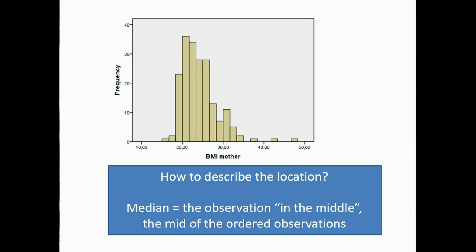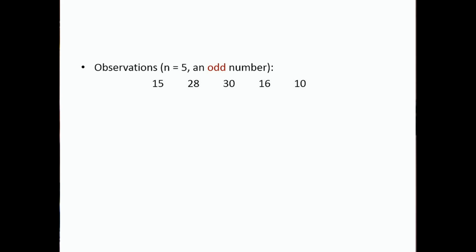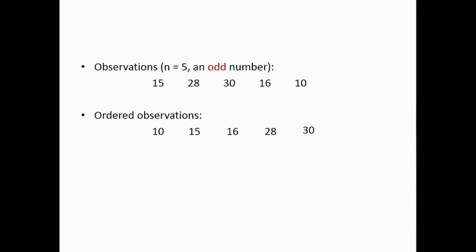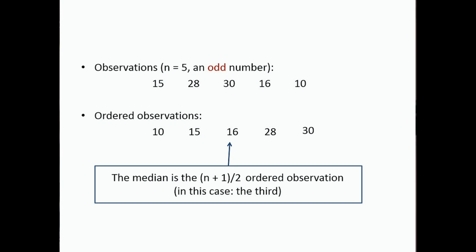If we have an odd number of observations, for example 5, we start by ordering the observations. 10 is the smallest, then 15, 16, 28, and 30.